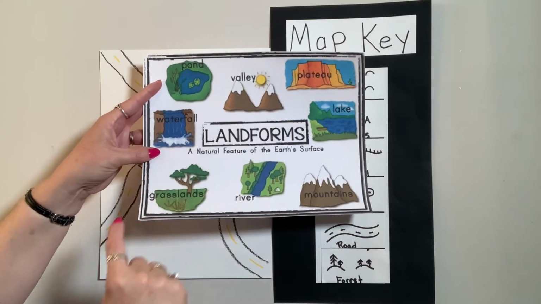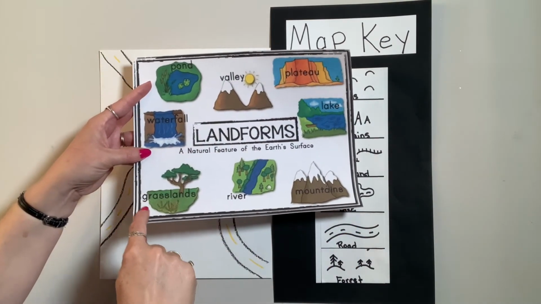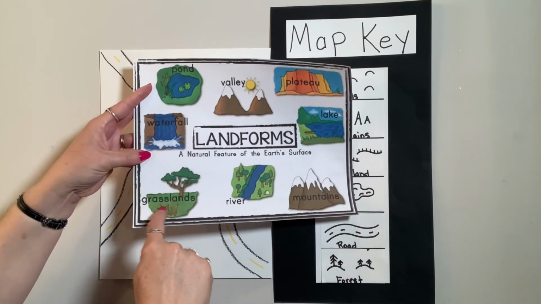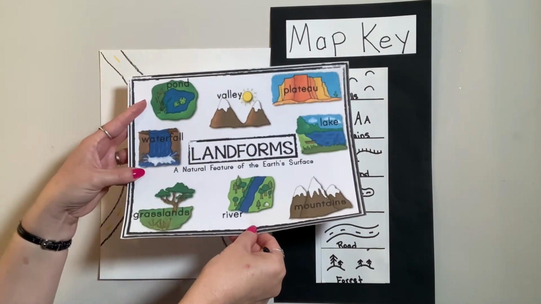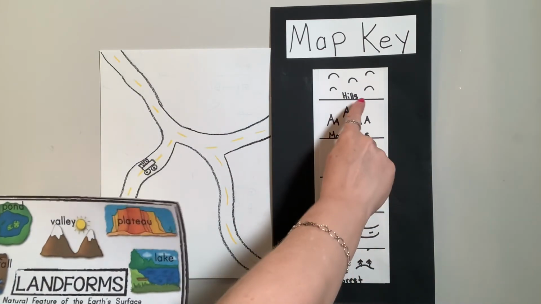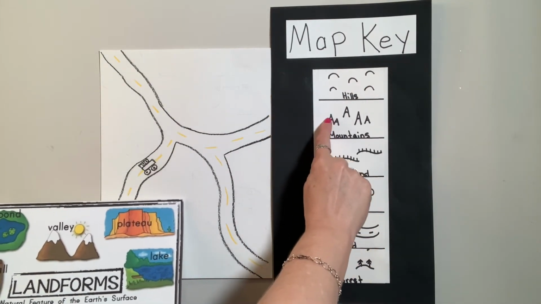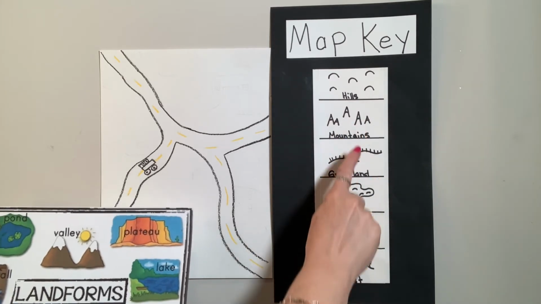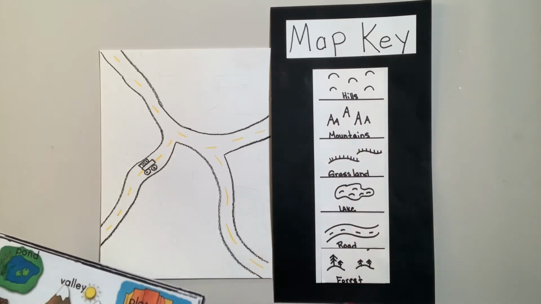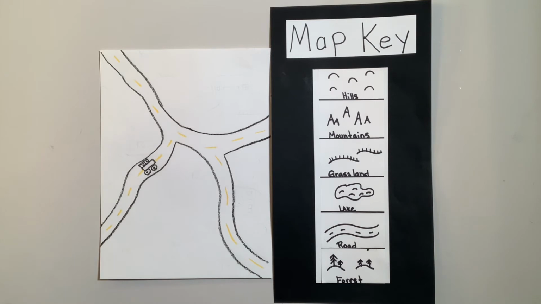And here we have one that's grasslands. Grasslands have lots of grass. And so we're going to be using landforms. So here we have our little curves for our hills, our little A's or our little points for our mountains. And we're going to talk about all of the rest as we go through our picture.